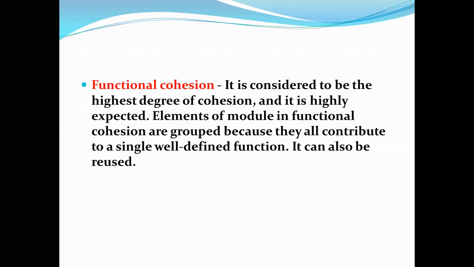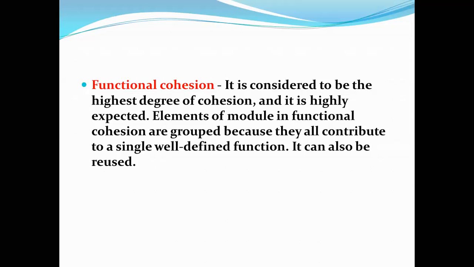So if there is a single function and all the elements of a particular module are contributing to generate a single output, that will be called functional cohesion, and that is the maximum cohesion that a project can achieve.